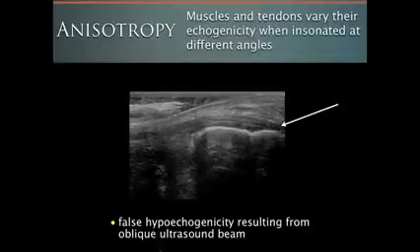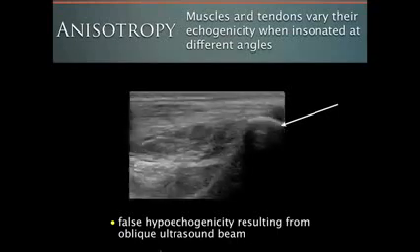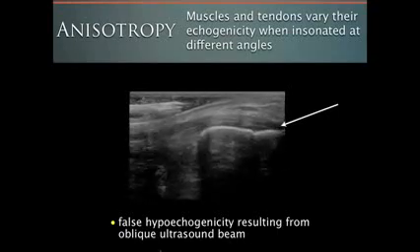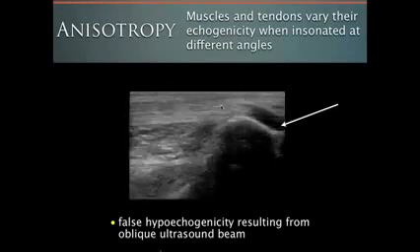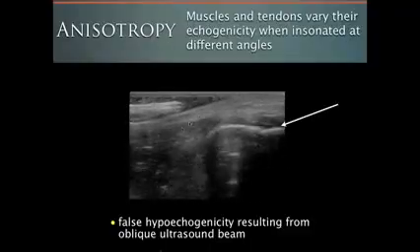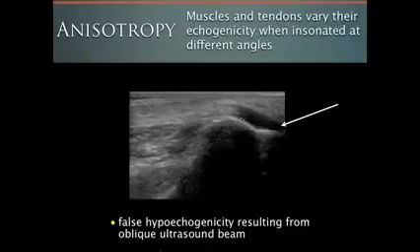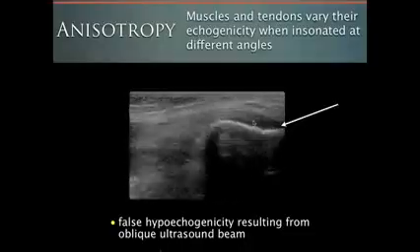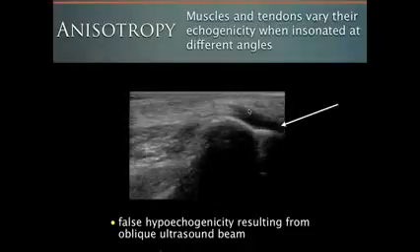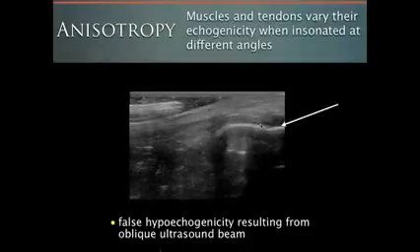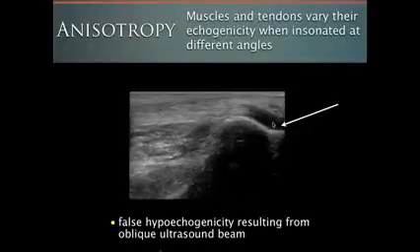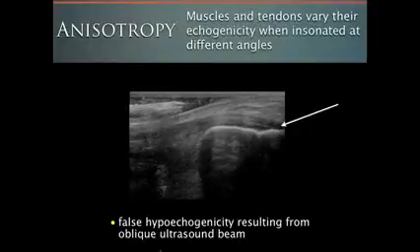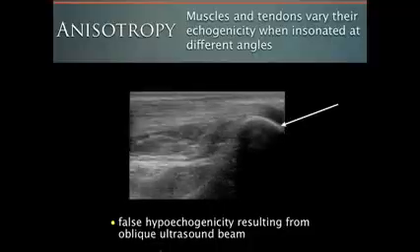And along most portions of that tendon, the tendon is quite hyperechoic, as we can see here in its linear striations. But as we get to the edge of this tendon where the angle of insonation may be different, it appears falsely hypoechoic right over here. And that's due to this factor called anisotropy.